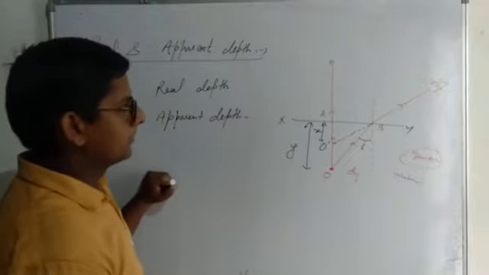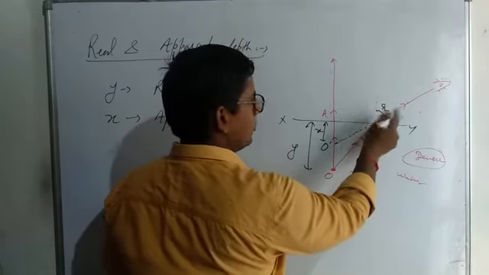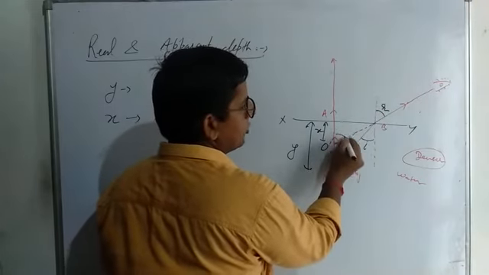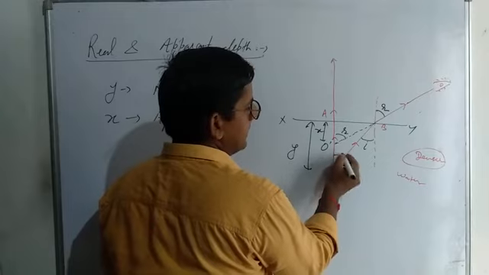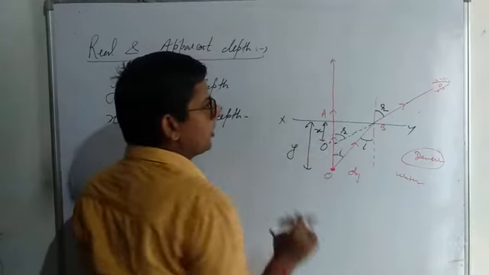Okay, done. This is angle I, and let's say this is angle R. So R and R are corresponding angles, and I and I are alternate angles.